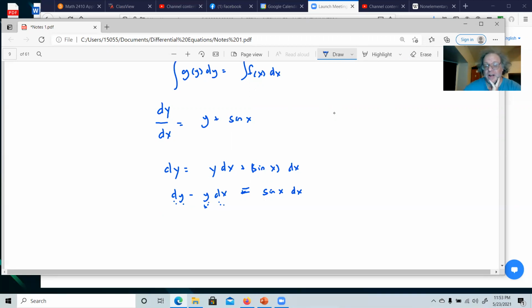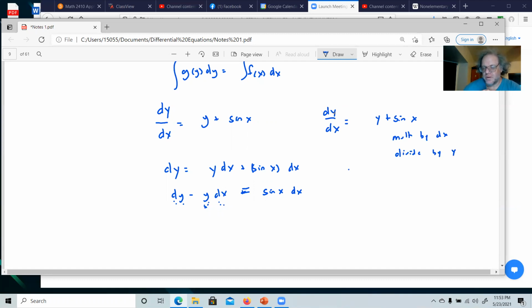You say, wait, I know, I'll divide everything by y. That'll solve the problem. So if we have dy by dx equal to y plus sine x, we're going to multiply by dx and simultaneously divide by y.